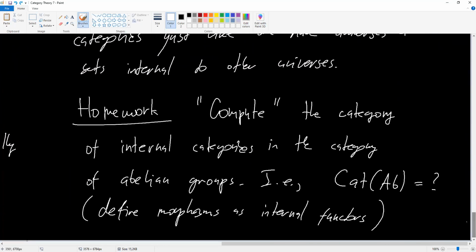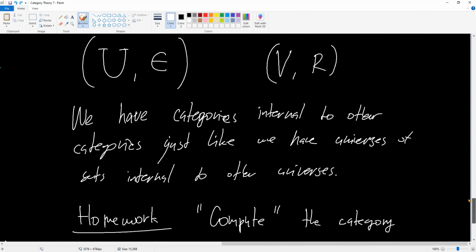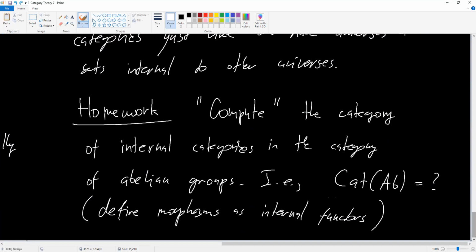So what happens here is that this thing simplifies considerably. But of course, it simplifies considerably up to isomorphism, not literally. So the idea is to see how it simplifies.